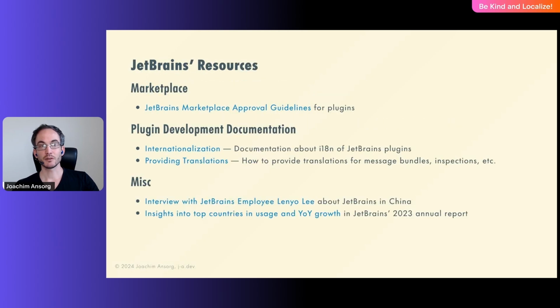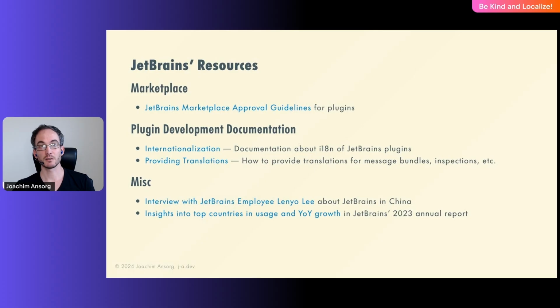There are a few resources provided by JetBrains. There's the approval guidelines. Make sure to read them because you might get into trouble if you're just using Chinese, for example, or any other language which is not English. There's also documentation on internationalization and how to provide translations. It's helpful to read that. And there's also in the miscellaneous section an interview with a JetBrains employee about how JetBrains expanded into China.